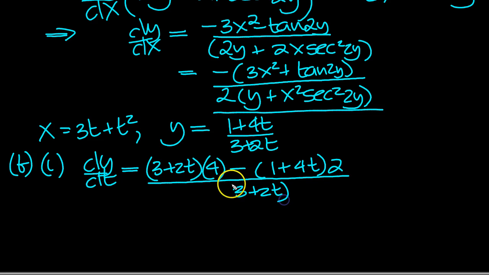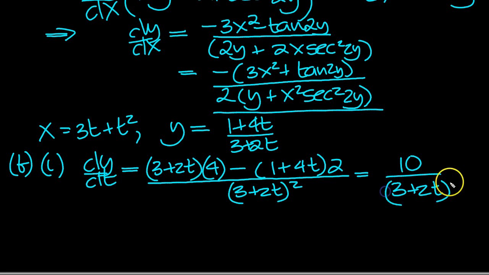More than one term, put a bracket, it's that whole thing squared. So we've got how many t's? We've got 8t here. Take away 8t, so they'll cancel. And the constants, we've got 12, take away 2 is 10. So I've done it in one fell swoop over (3 plus 2t) squared. So that's dy/dt then.